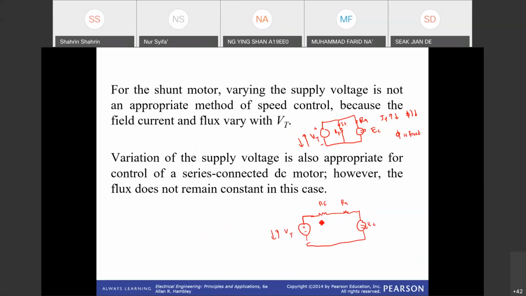When you change VT, you know that IA is equal to IF, so IA will change together with IF. This is not appropriate because the flux must be fixed, but in this case IF is changing. So that's why for this method, only the separately excited DC motor can be used.